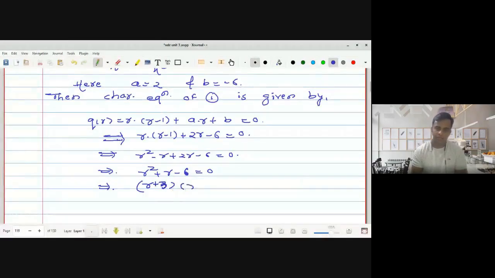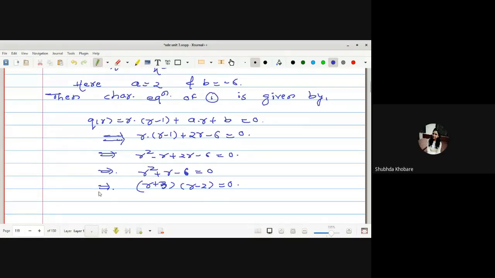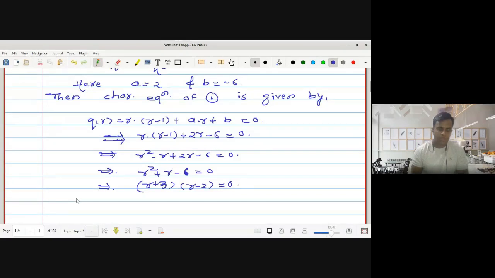यही ना है? Is it correct? Yes, sir. Required roots are minus 3 and 2.